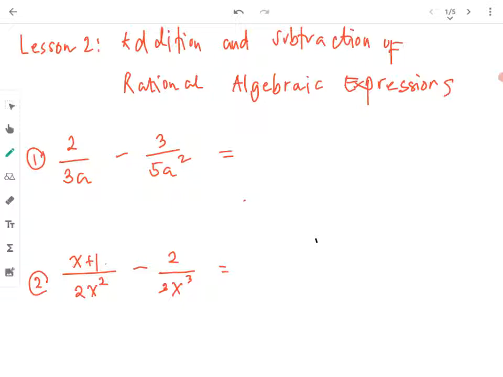We have 2 over 3a minus 3 over 5a squared. So what we do first, since these are dissimilar fractions, fractions with different denominators, let's try to make them into similar fractions. And how do we do that? By finding the LCD first of the denominators.